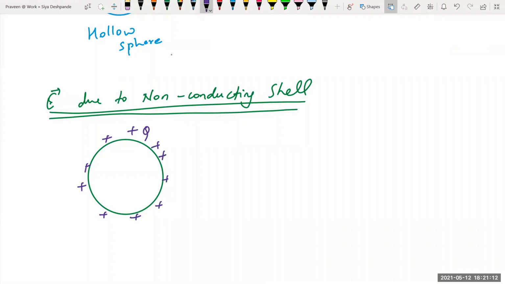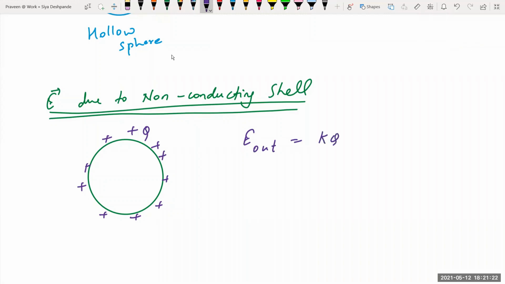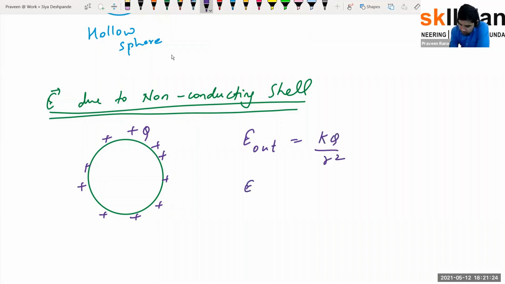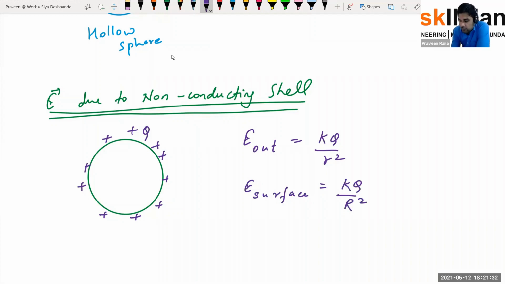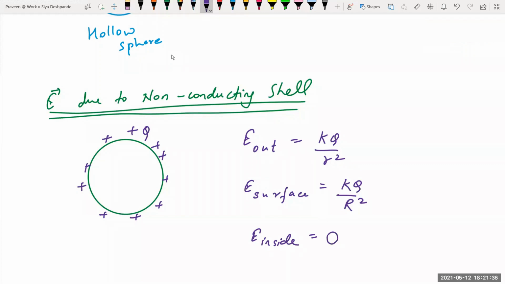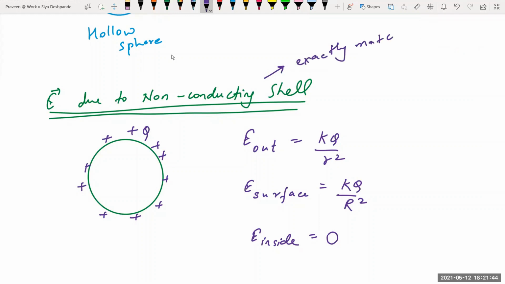Now, can you tell me what would be the value of electric field outside this sphere? kq over r squared. What would be the value of electric field on the surface? kq over radius squared. Exactly. And what should be the value inside? 0. So you can see this one exactly matches the conducting sphere.